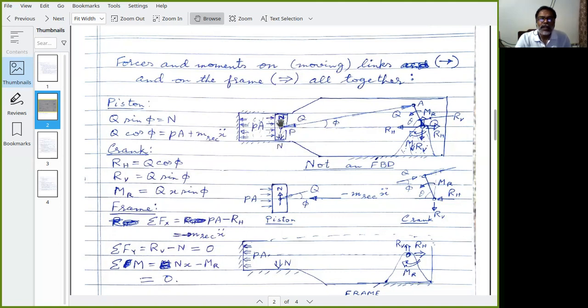Then the connecting rod pulls the piston or pushes the piston like this. Sometimes it will pull, sometimes it will push, but we are taking this reference as push.